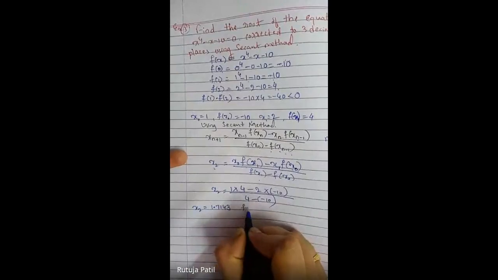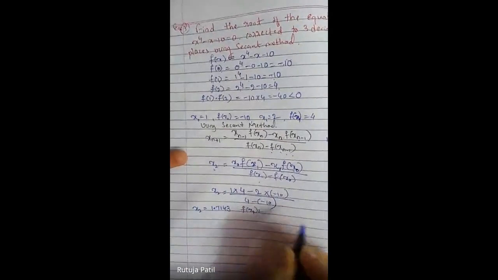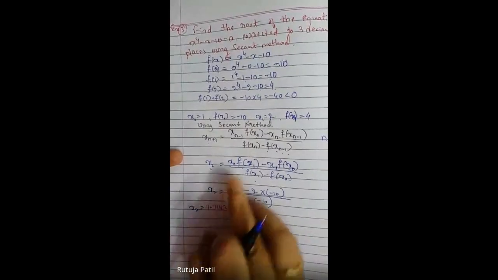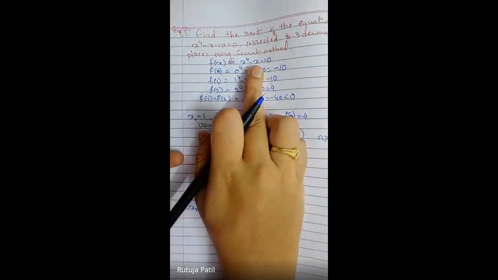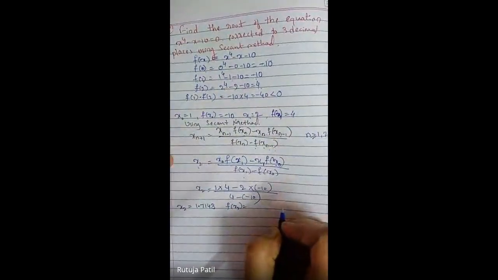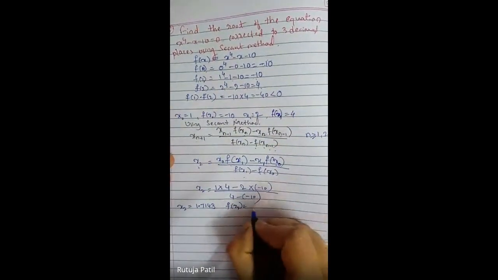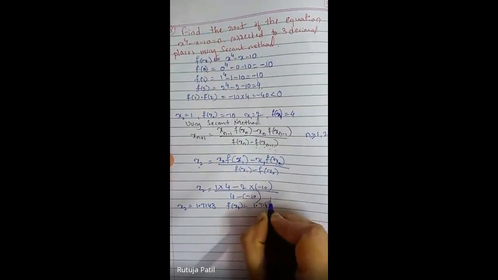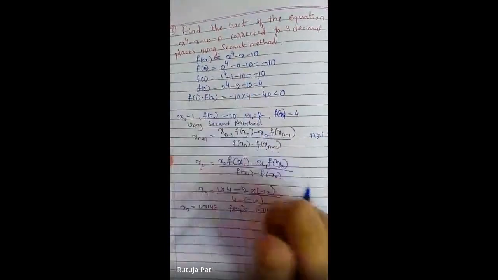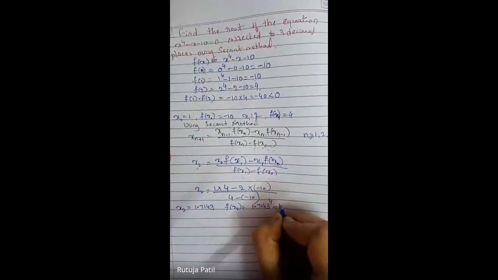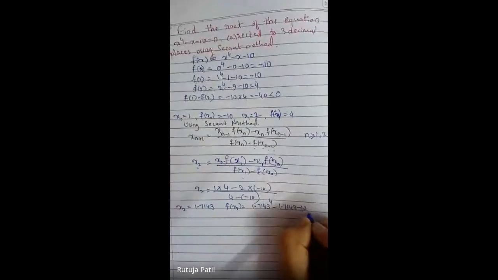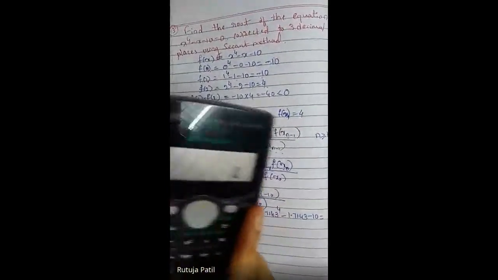Now find f of x2. That is what x2 is, this one, right? Substitute this value of x2 in the equation f of x. So that is 1.7143 to the power 4 in this equation minus 1.7143 minus 10. Let me check.